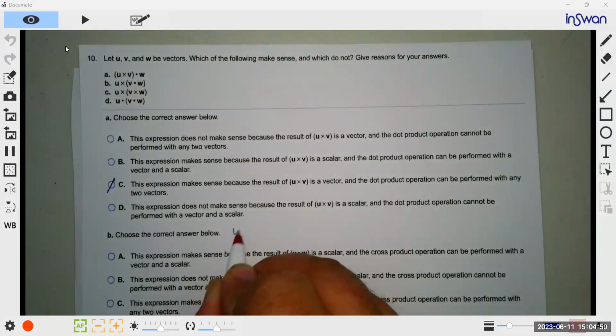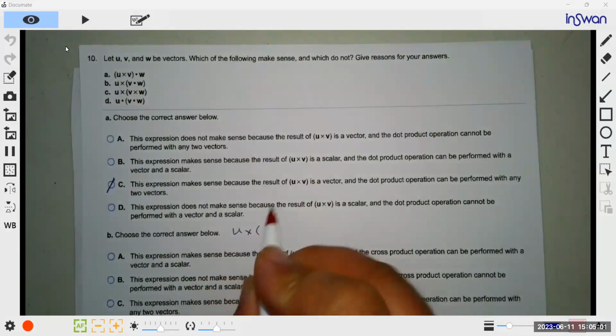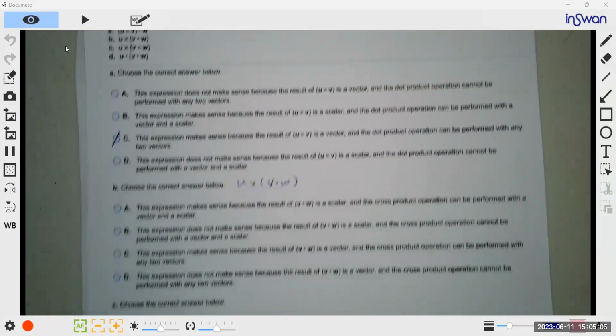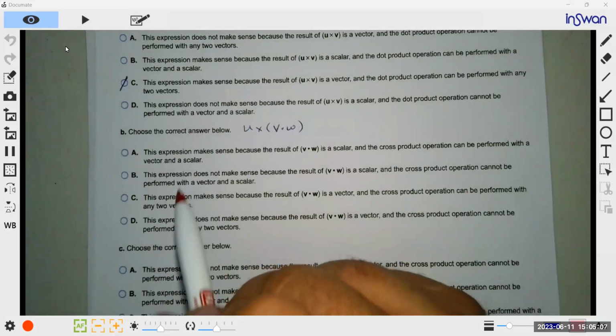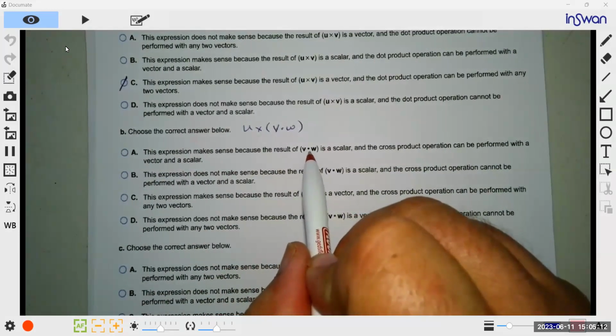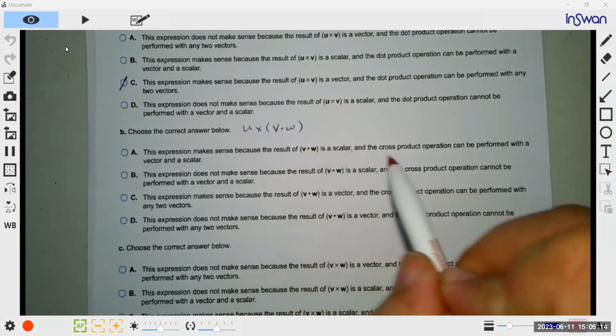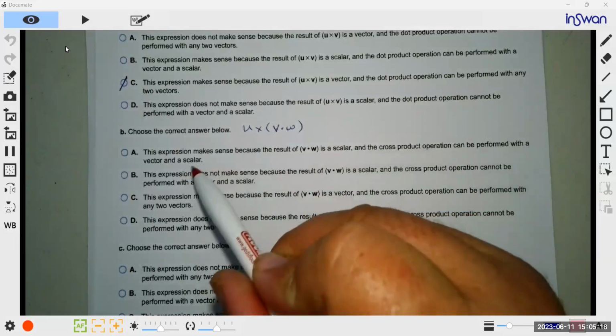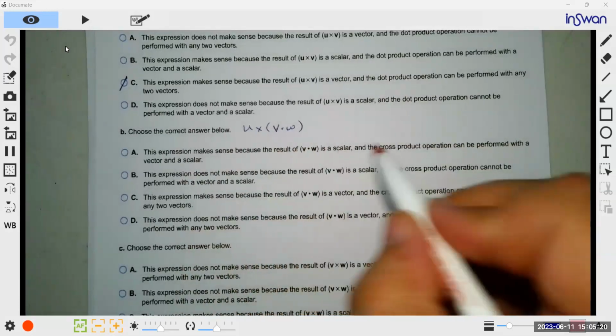So the second one, we have U cross V dot W. The expression makes sense because the result of V dot W is a scalar, and the cross product can be performed with a vector and scalar. No, that's false.